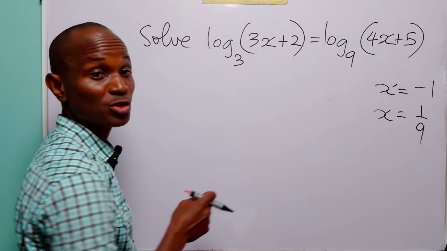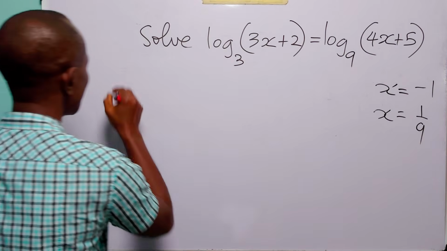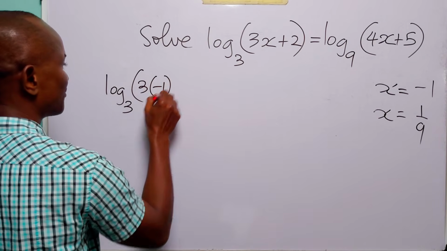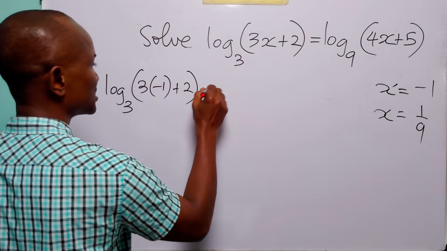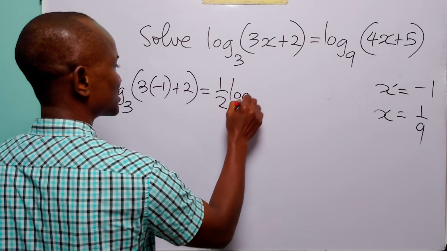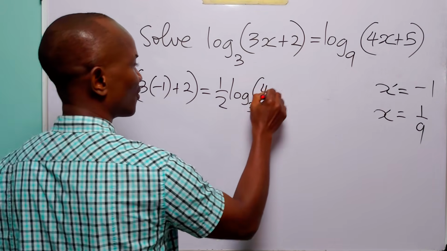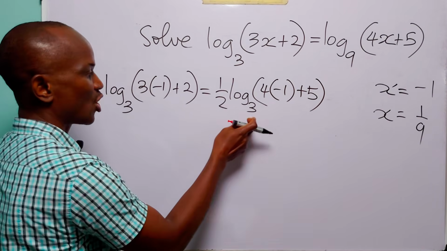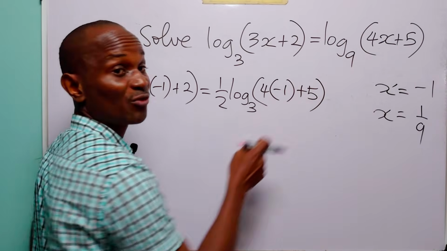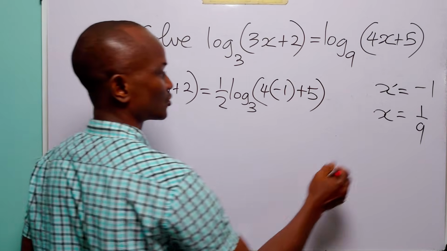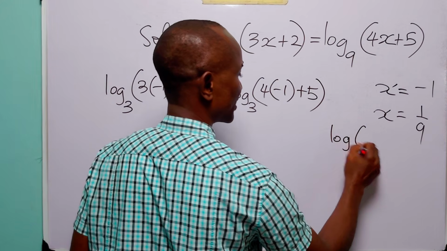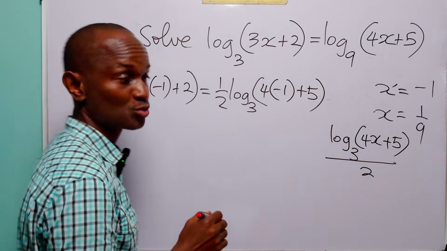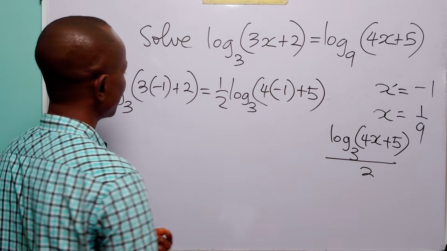Now, when we substitute minus 1 for x into the original equation, we have log to base 3 of 3 times minus 1 plus 2 is equal to half times log to base 3 of 4 times minus 1 plus 5. Now, remember that when we changed this term from base 9 to base 3, what we got was log to base 3 of 4x plus 5 over 2, which is exactly what I have written here.